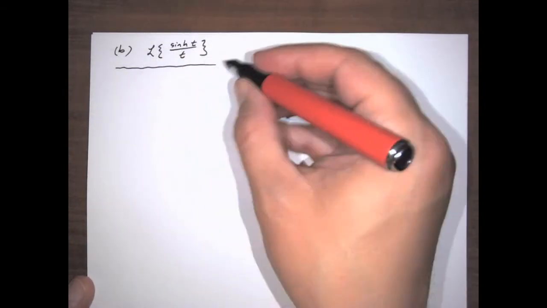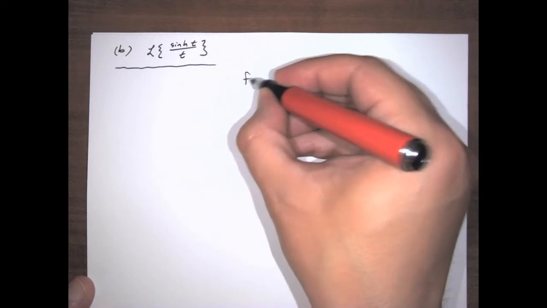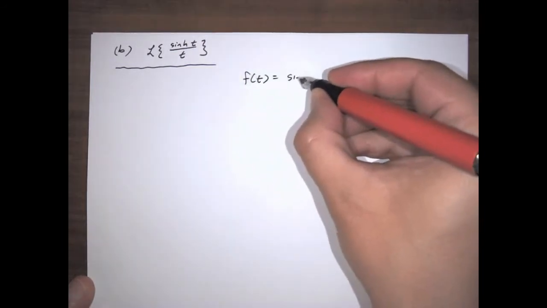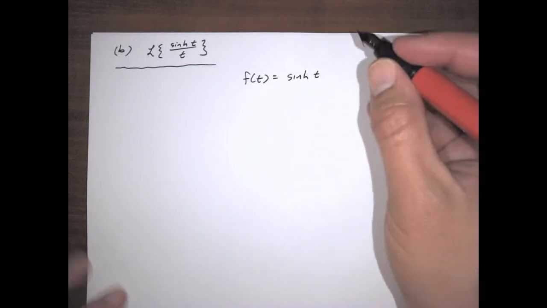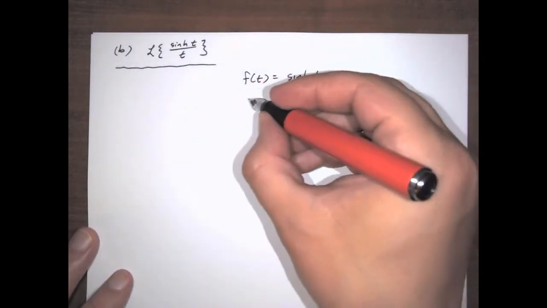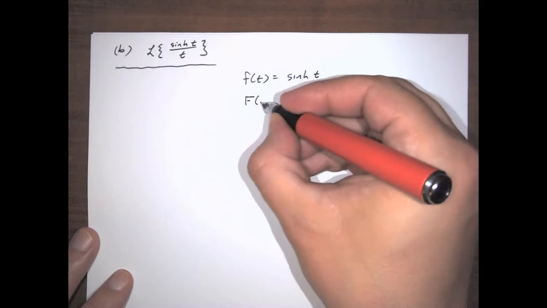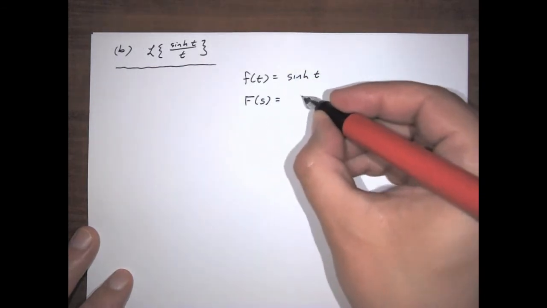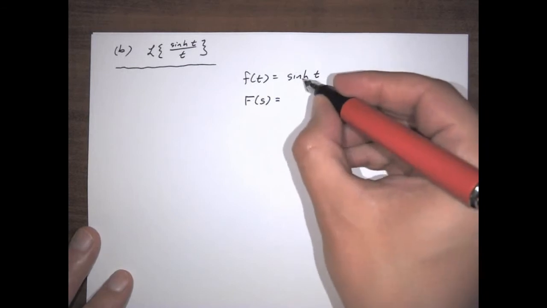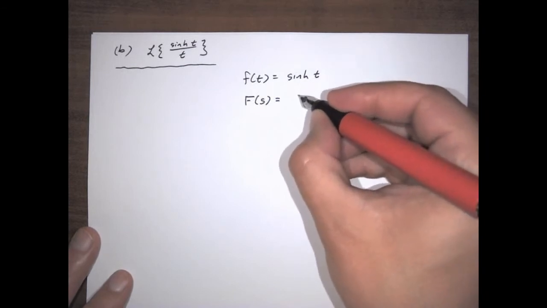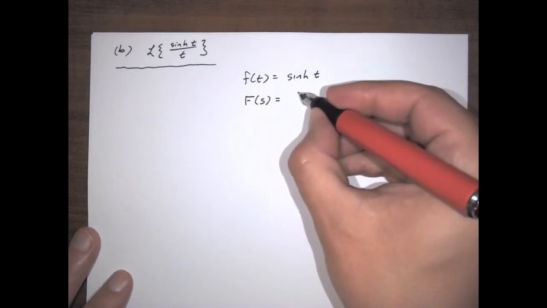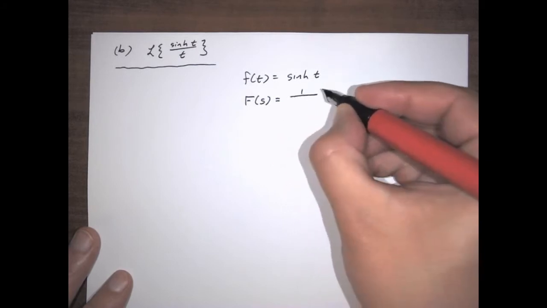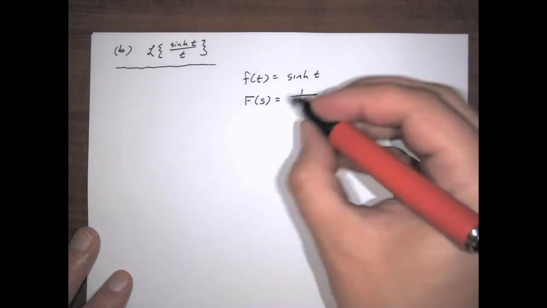And in this case, f(t) is going to be equal to sinh t, which means then that F(s) is going to be, now the formula for sinh t off the table is similar to the sine. The difference is that what we have is a minus in the bottom instead of a plus.